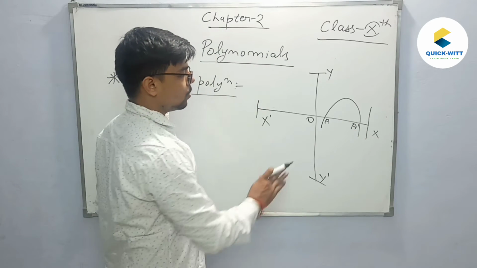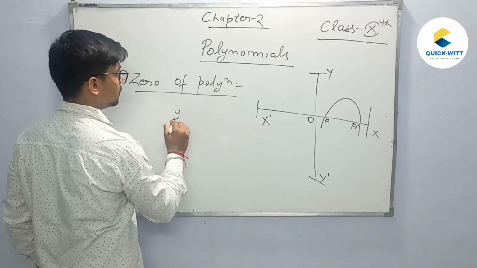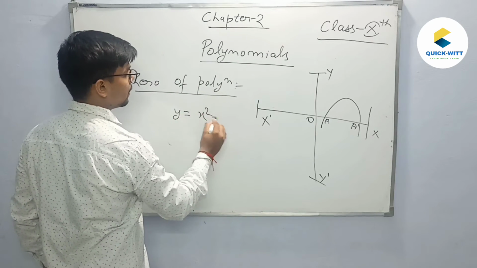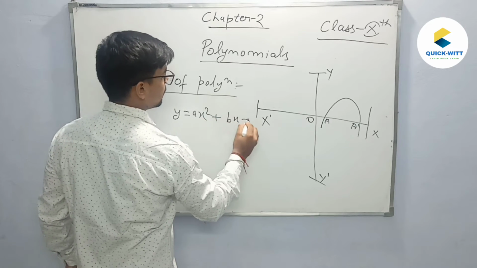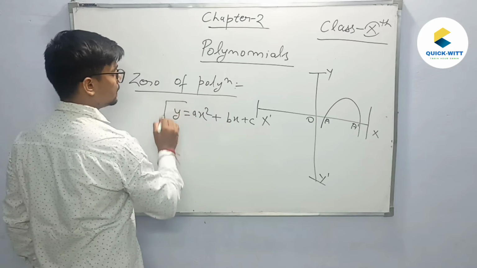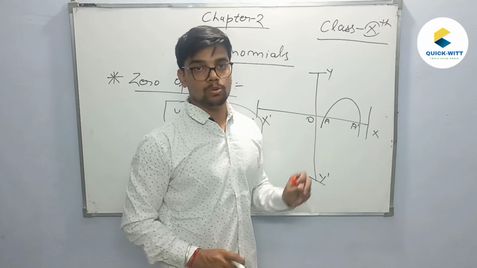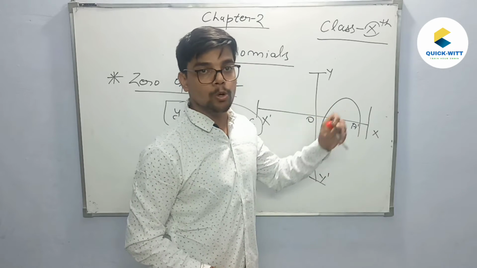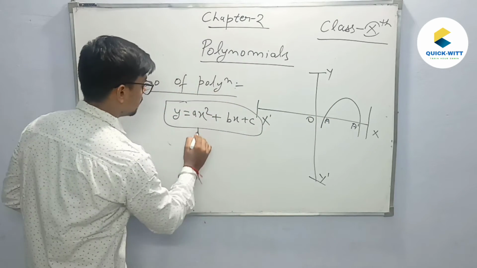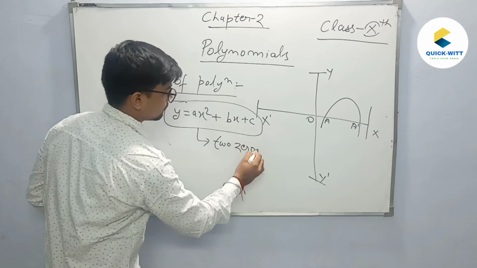So here we can say that if this polynomial equation is ax square plus bx plus c, then it has two zeros. Why two zeros? Because it cuts the x-axis at 2 points. So this will have two zeros.